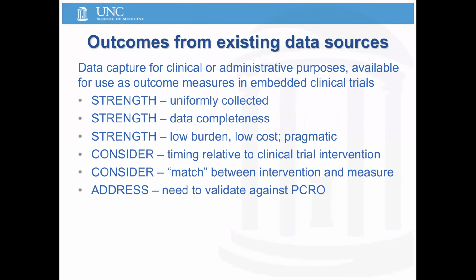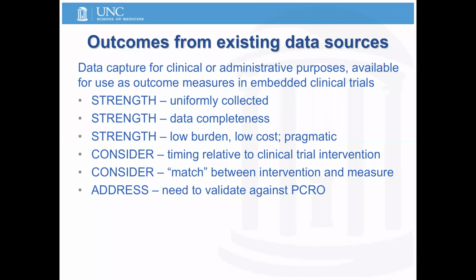So let's talk a little bit about some of the issues and considerations with outcomes from existing data sources. This really means using data capture from clinical or administratively collected data available for use as outcome measures in embedded or pragmatic clinical trials with a larger scope.